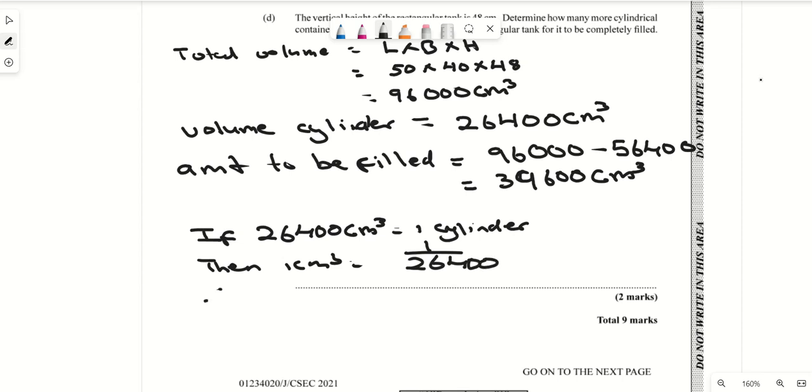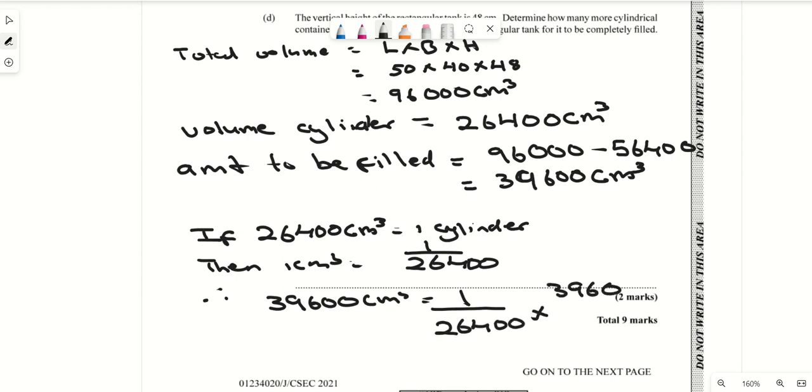And therefore 39,600 centimeters cubed would be 1 over 26,400 multiplied by 39,600 over 1. Let's divide it. When we calculate this on your calculator, you're going to get 1.5 cylinders that they need to use to completely fill the tank. And that is the end of January 2021.